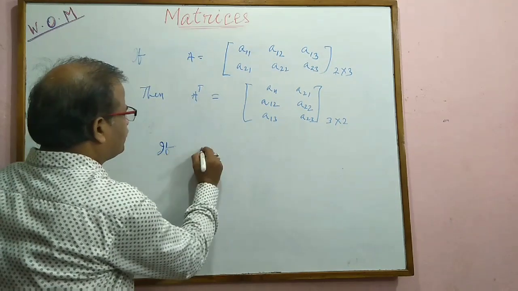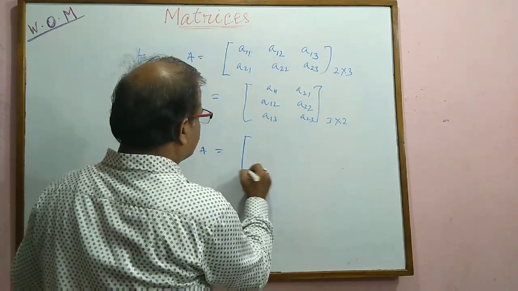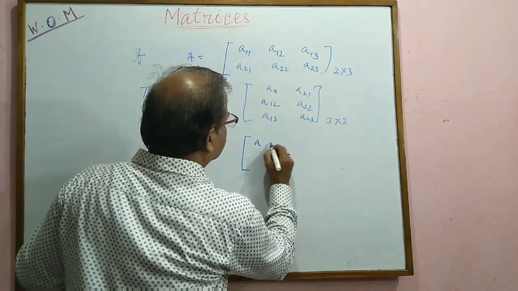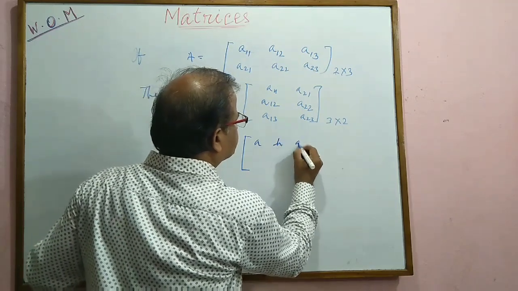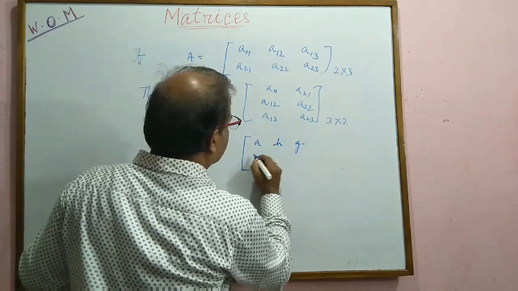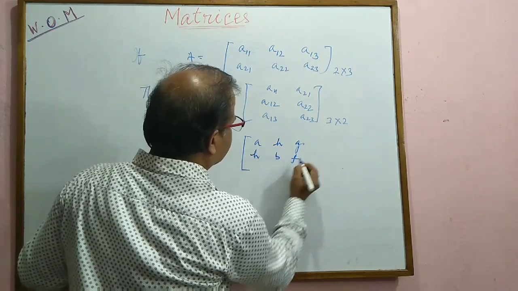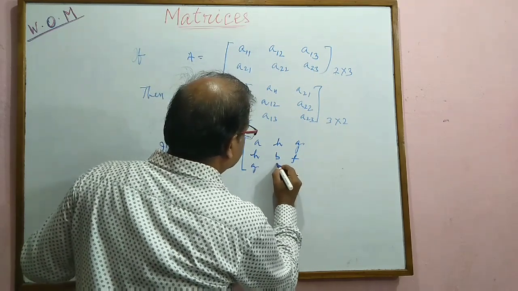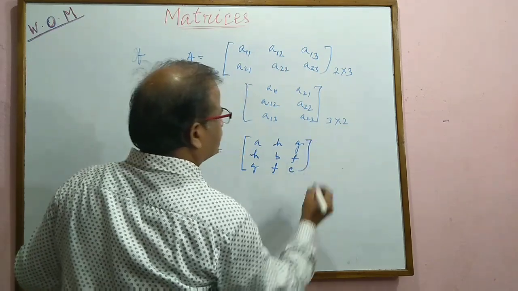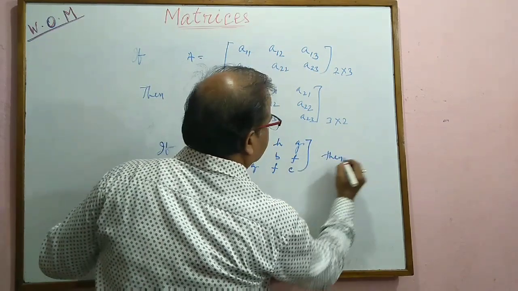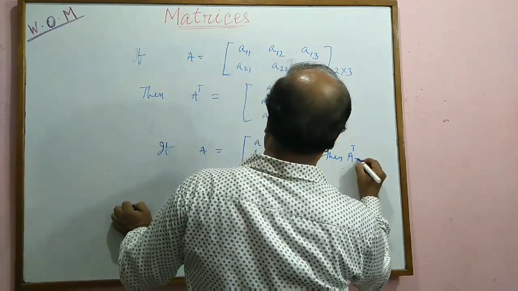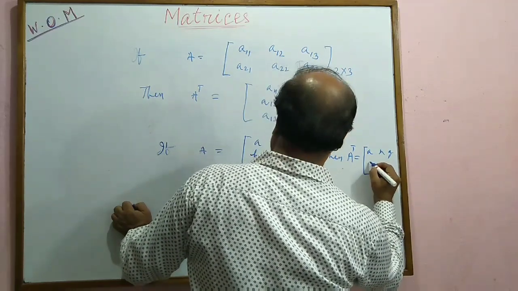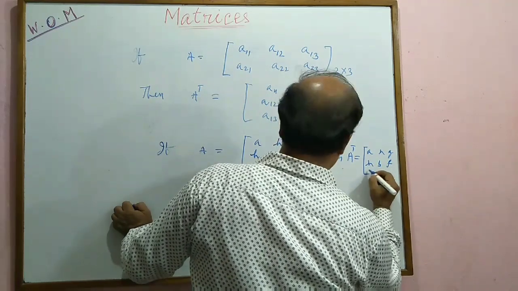If A = [a h g; h b f; g f c], then A transpose is equal to [a h g; h b f; g f c].